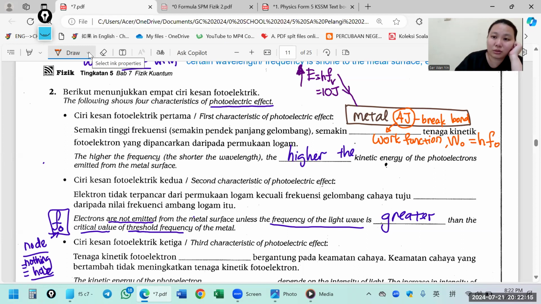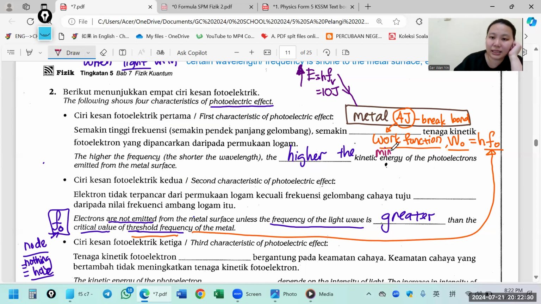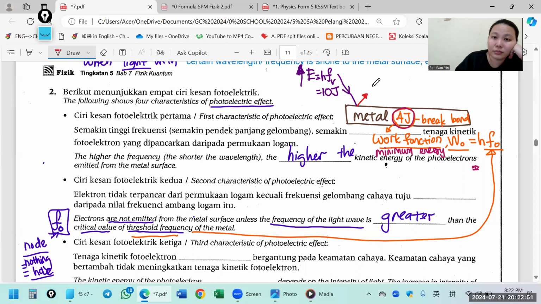What is f naught? f naught means threshold frequency. Work function also means the minimum energy needed to be absorbed by the metal to emit the electron. So let's say hf naught is 4 joules. Means now electron can be released out with 6 joules of energy.